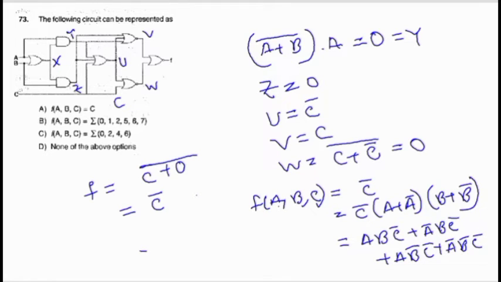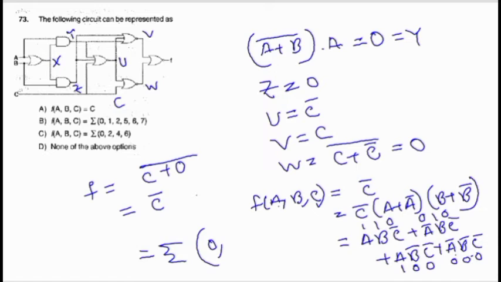So it is actually sum of: this is 110, so the last one is 000, so this is 0, and the next one is 100, and this one is 010, and this one is 110.